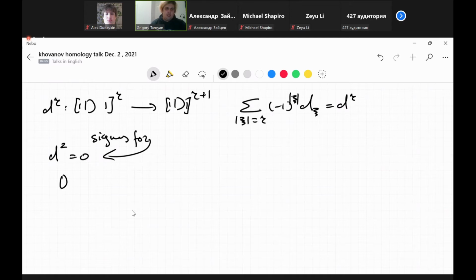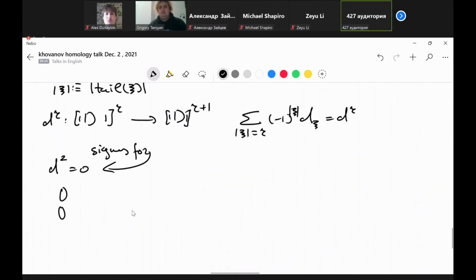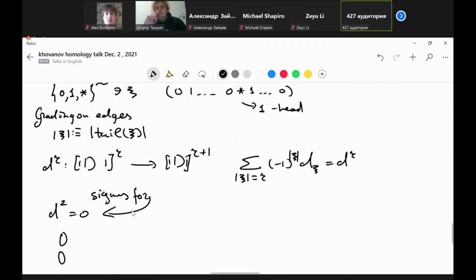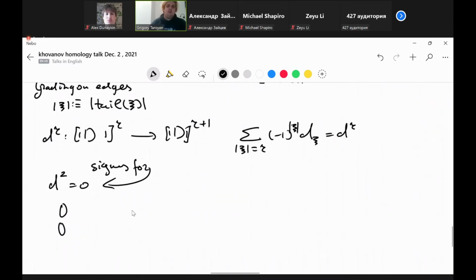Значит, еще разок. Дифференциал определяется следующим образом. Мы берем и заменяем в данном разрешении нашей диаграммы одно место, где было разрешение нулик, разрешением единичка. I was just about to talk about it. Yes, I was just starting to explain precisely this point.